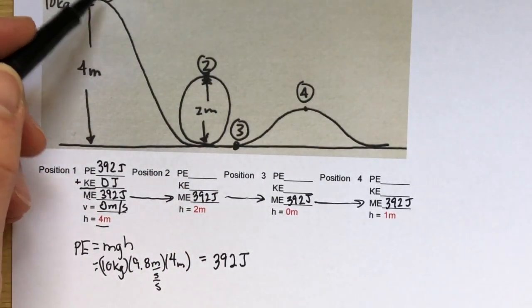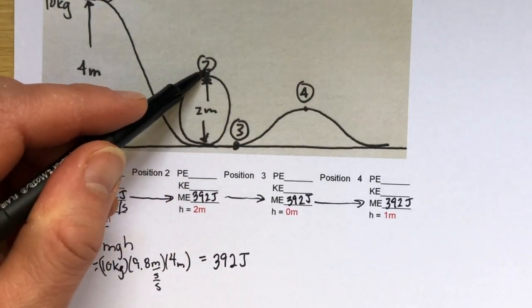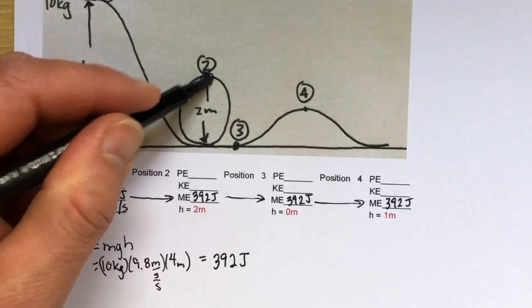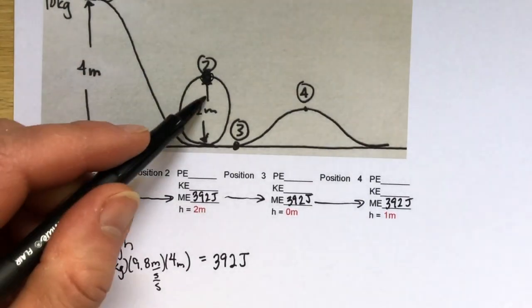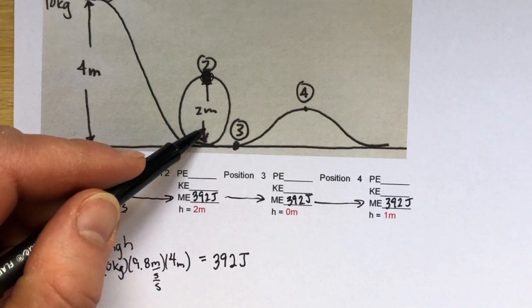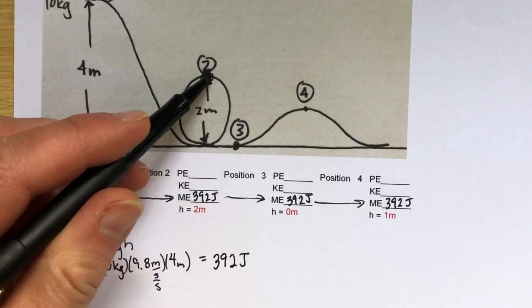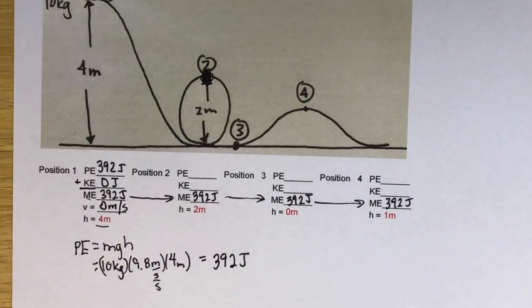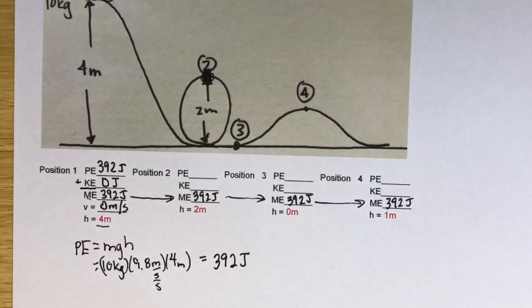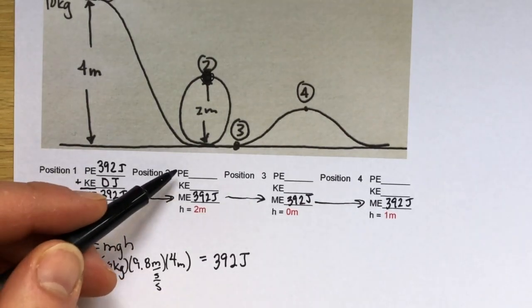All right, so now the next question is, we go to position 2. The ball is right here. And now the ball is only 2 meters high, okay? And it does have motion, so we know that the kinetic energy is not 0. Now here is a sort of simple way to figure out what the potential energy is.